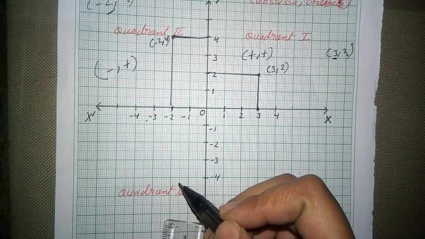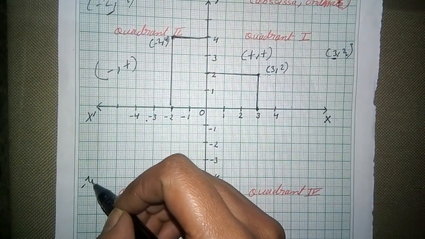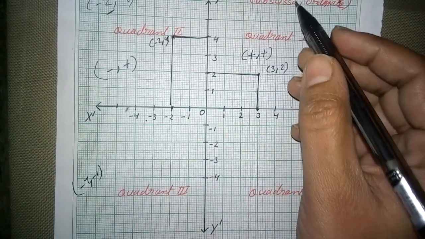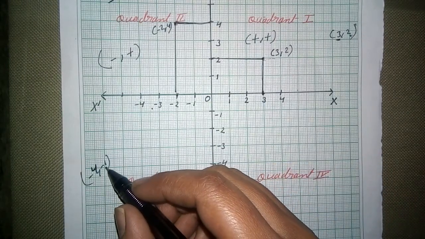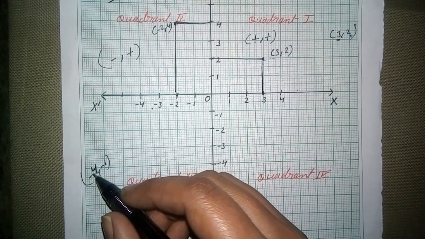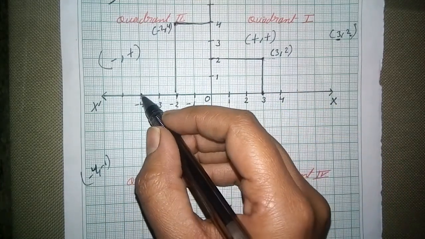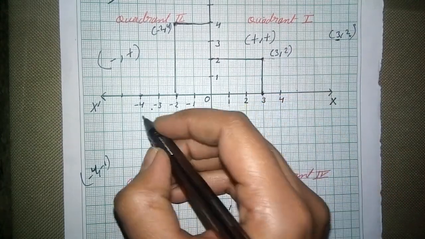Now the third quadrant. For the third quadrant we are using the point minus 4, minus 1. Minus 4 is the abscissa and minus 1 is the ordinate. So minus 4 on the x-axis, which is here, and minus 1 on the y-axis, which is here. Where will they meet?